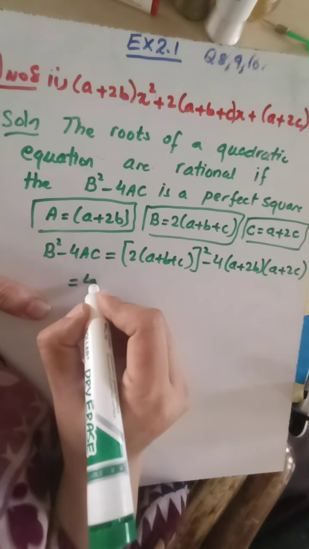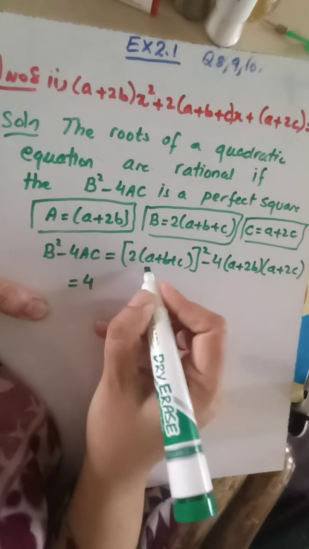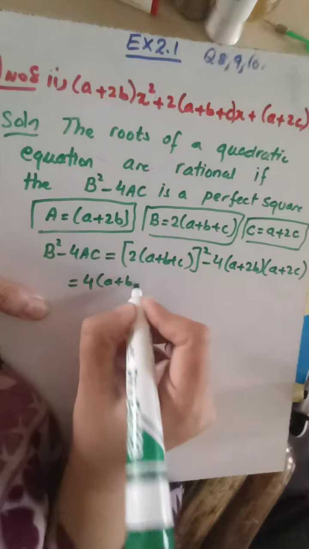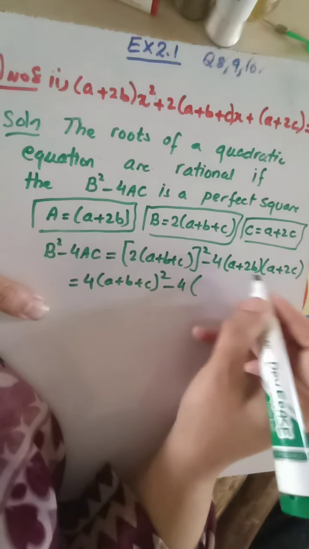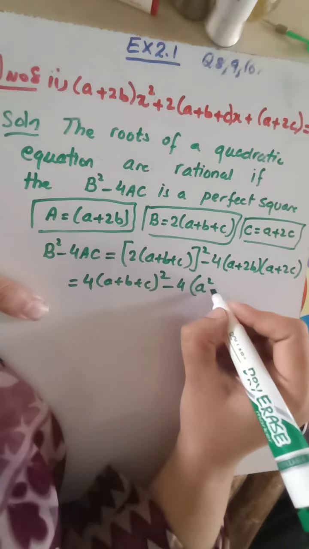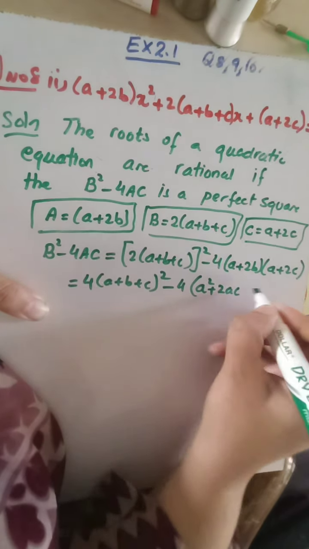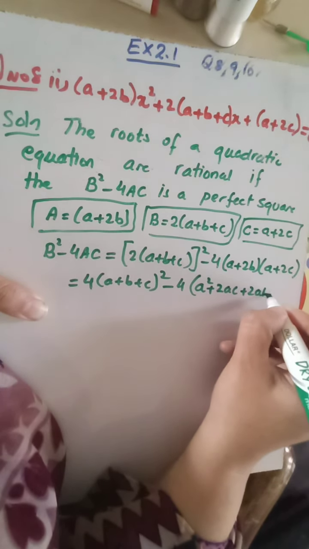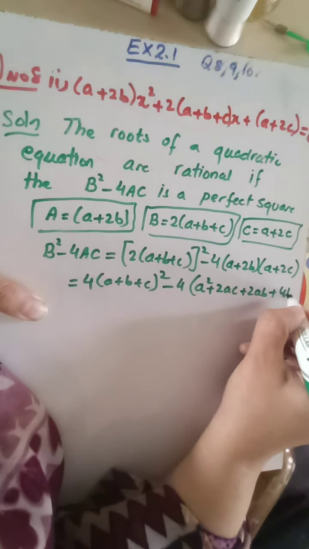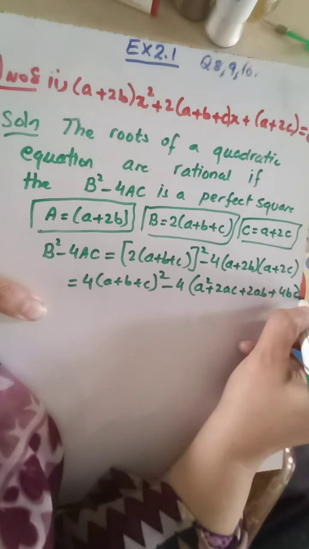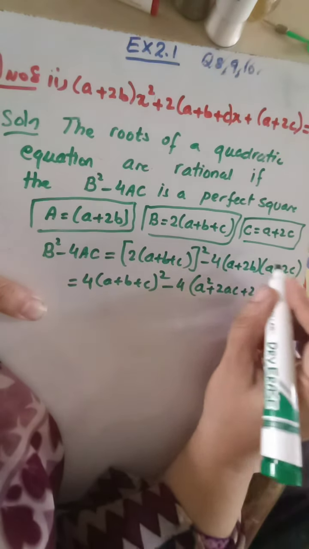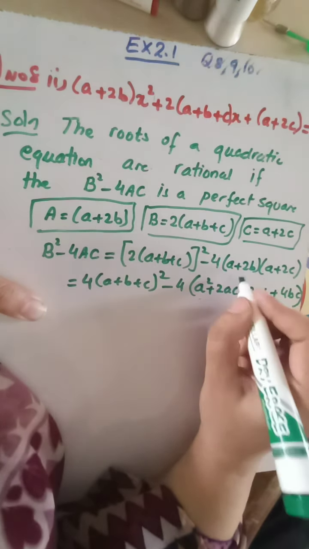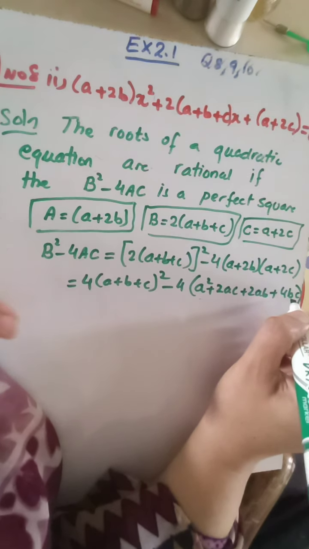Now opening this up, this will be 4, 2 square is 4, and (a + b + c) whole square, minus 4. Now multiplying these two, we are going to get a square plus 2ac plus 2ab plus 4bc. This is the product of these two brackets: a square plus 2ac plus 2ab plus 4bc.